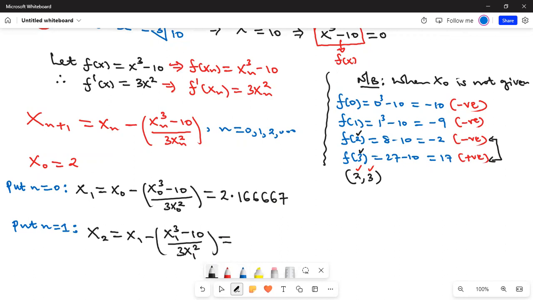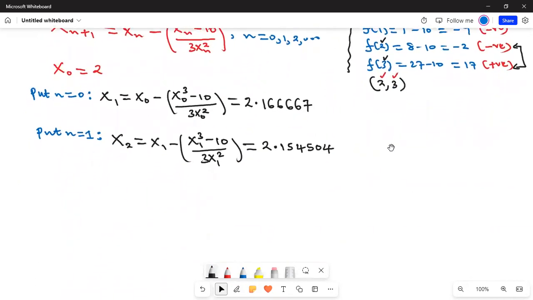When you press again in your calculator, you need to get 2.154504. Let's proceed with the iterations until you get to a constant figure.